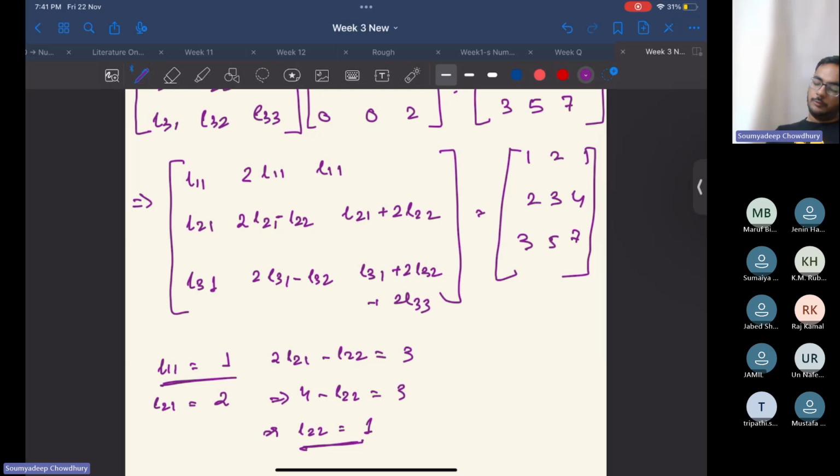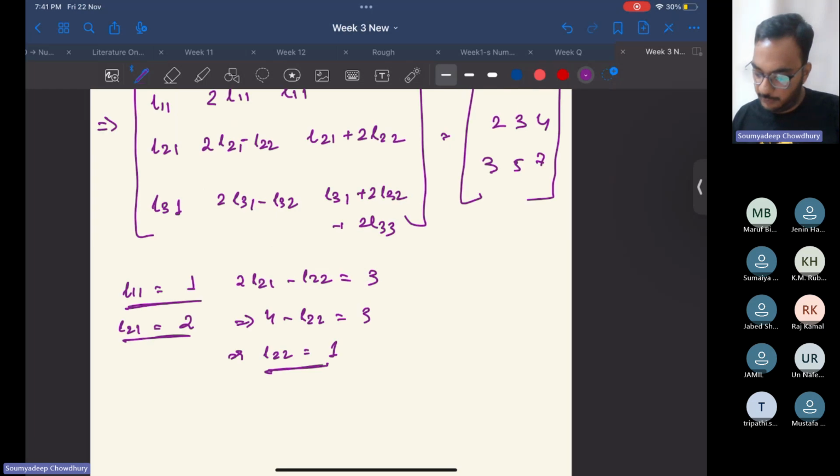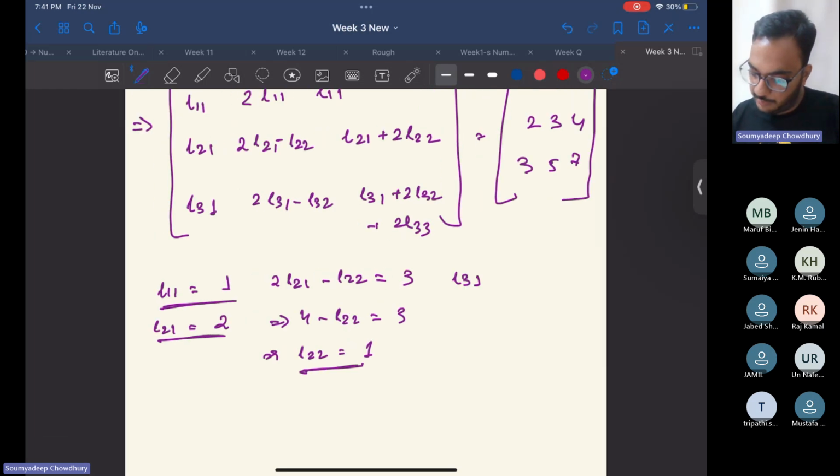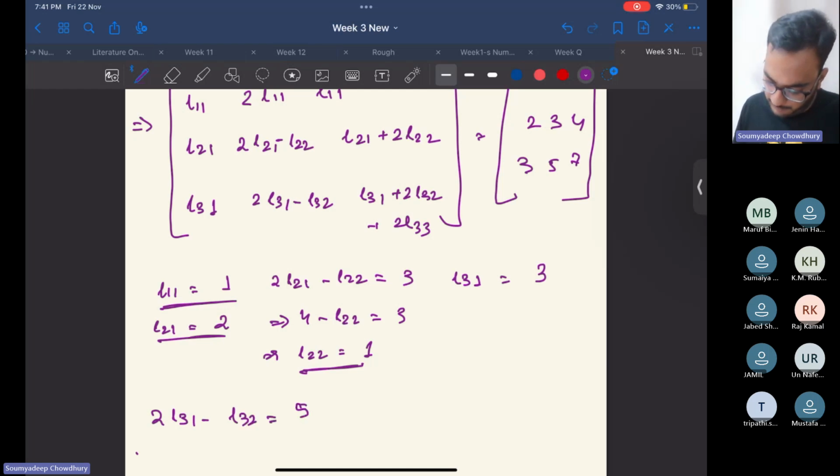Then the third row: L31 equals to 3. 2L31 minus L32 equals to 5, so minus L32 equals 5 minus 6, which is minus 1. So L32 is 1.